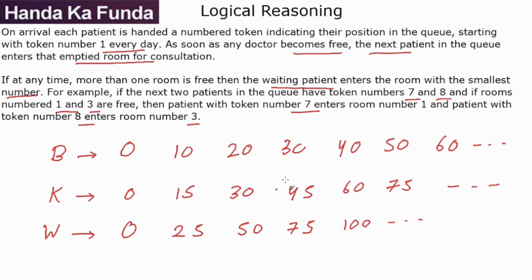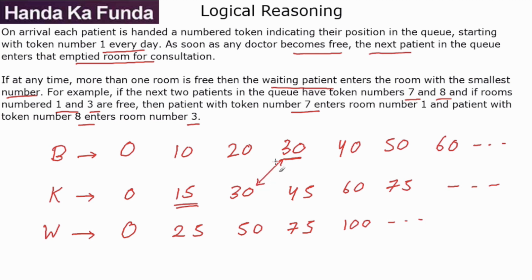Any patient who comes in at exactly 15 will have no confusion because he will enter directly at 15. He will go to Kane. But for a patient who comes in exactly at 30 minutes, let's say there are two patients waiting at 30 minutes, they can go either to Ben or to Kane. And where will they go?